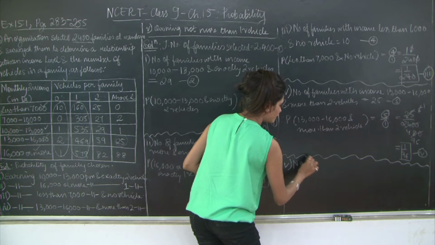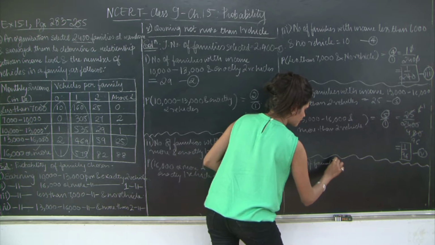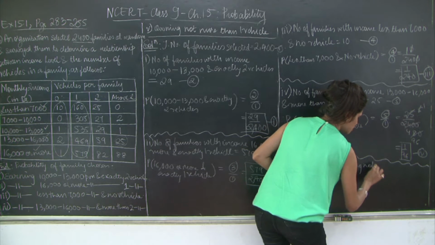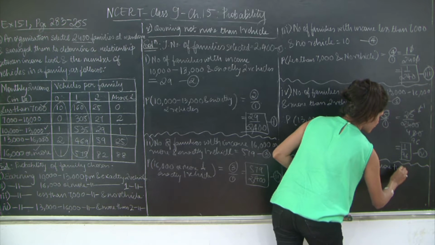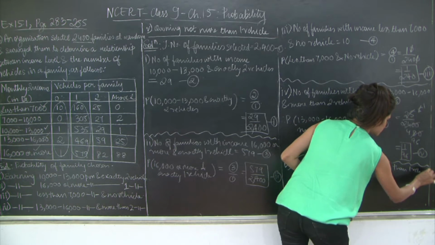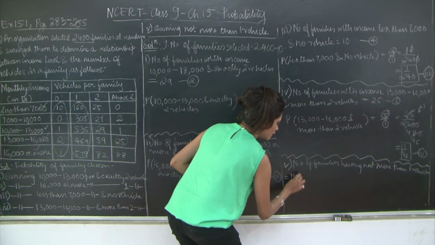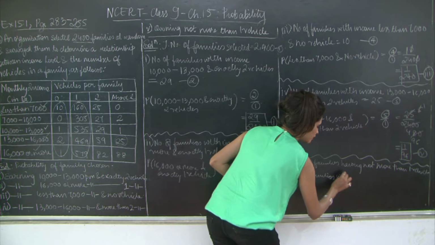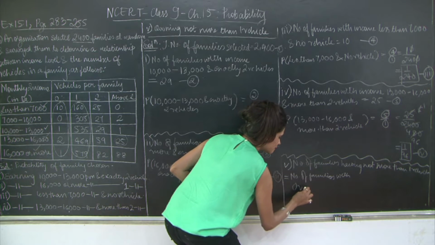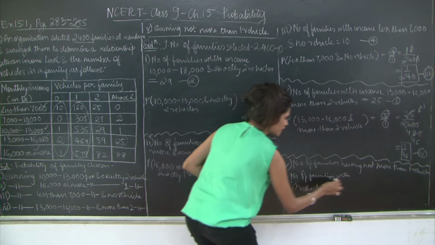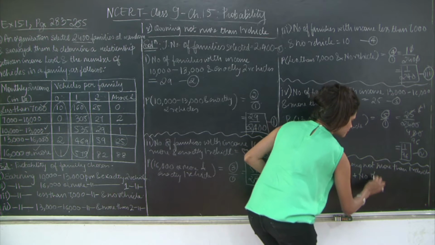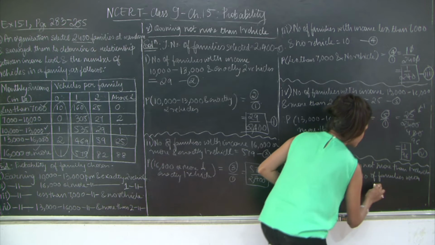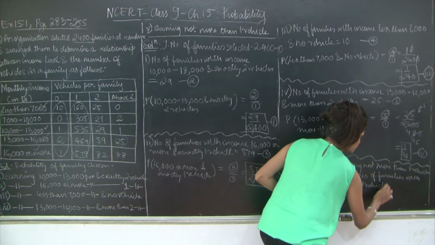I'll say number of families having not more than 1 vehicle. This is going to be equal to number of families with 0 vehicles plus number of families with 1 vehicle. Correct?